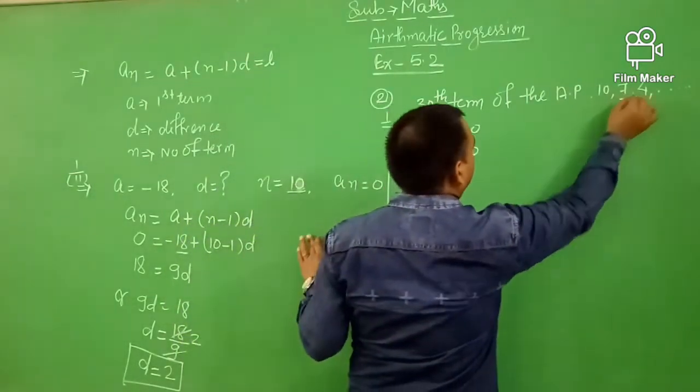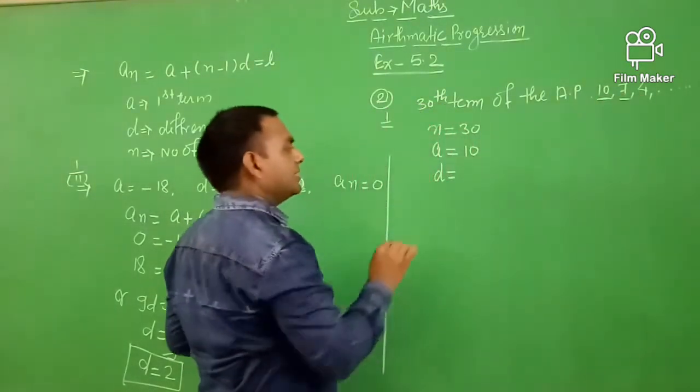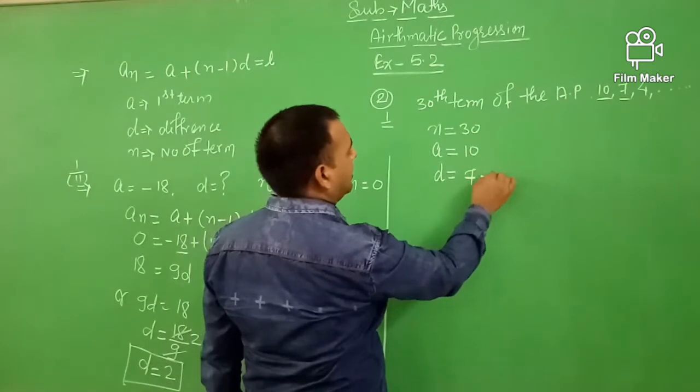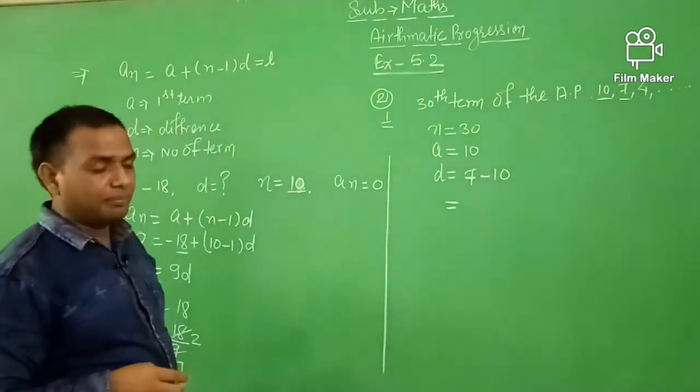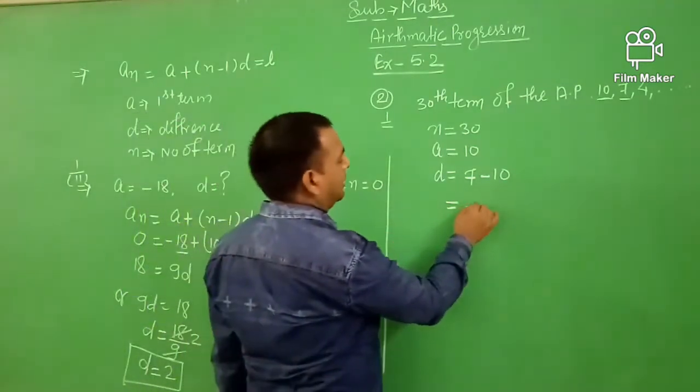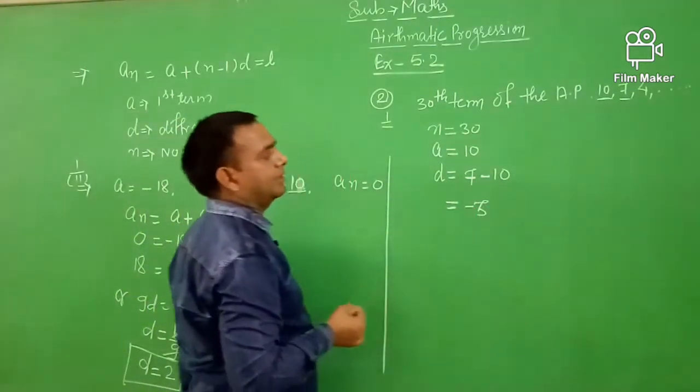Here 7 is the second term and 10 is the first term, so 7 minus 10 is equal to minus 3.